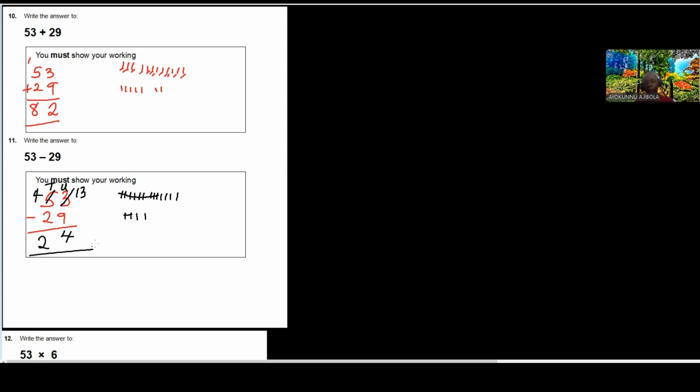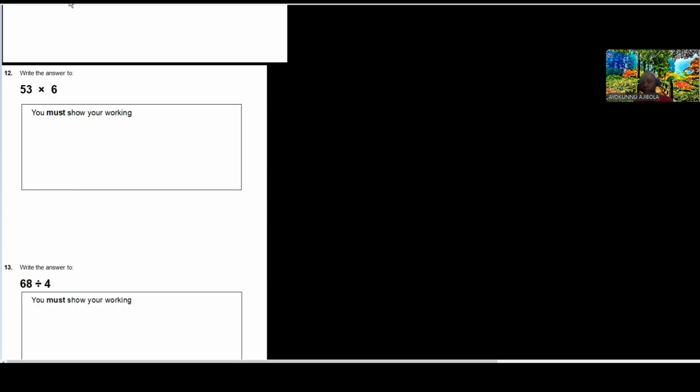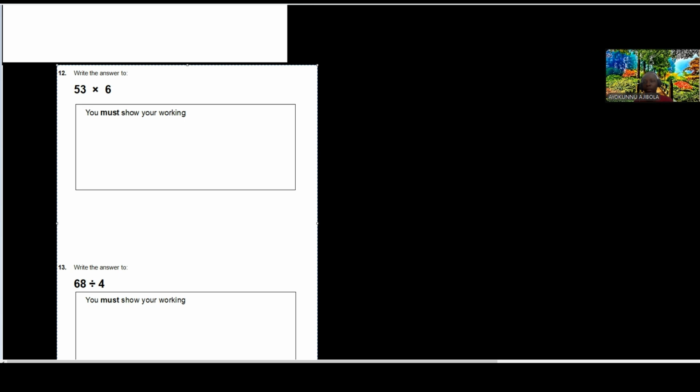Is that clear? Yes. Okay, good. Let me move this one to the other side so that we can do it over there. Let's move this.